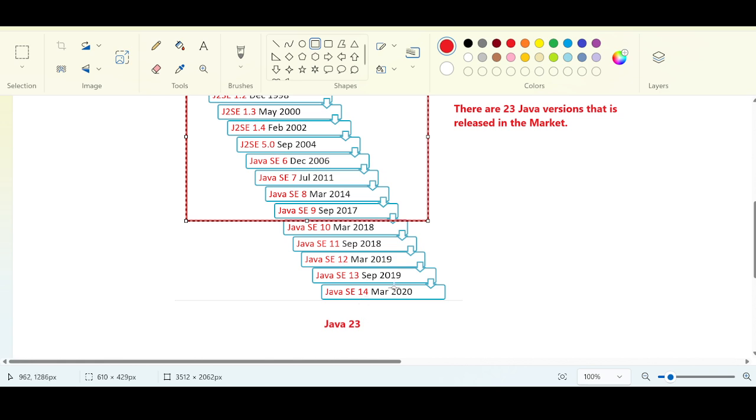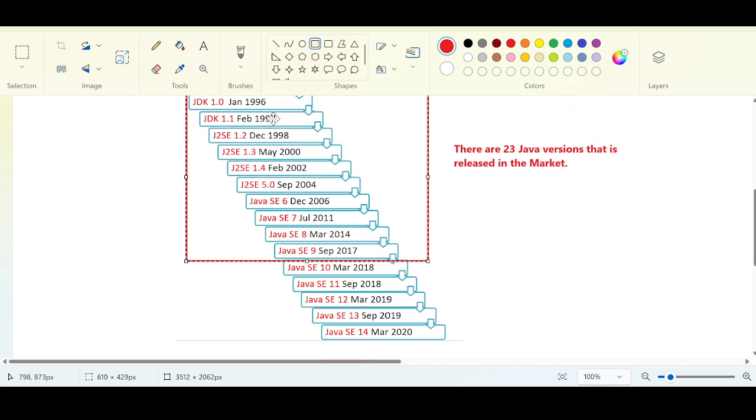Who is going to teach all this? Trust me, in the current market, the most famous and popular version is Java 8. If you keep a resume saying that you know Java 8, you get a lot of calls, no matter if you're a fresher or an experienced candidate.